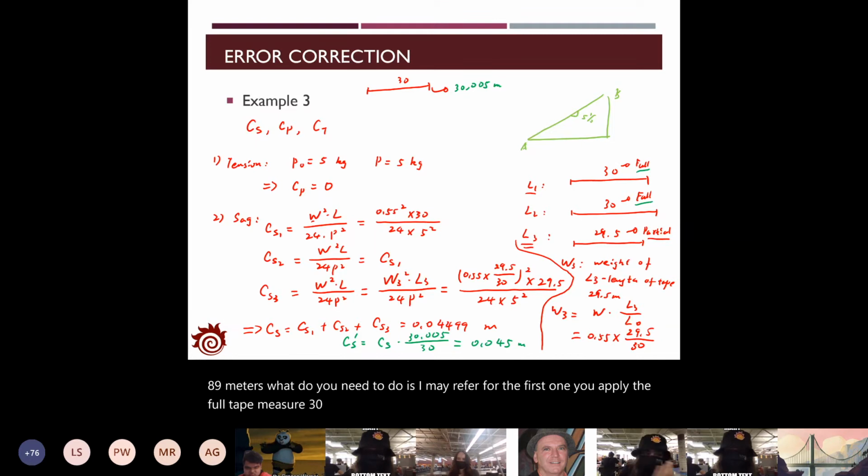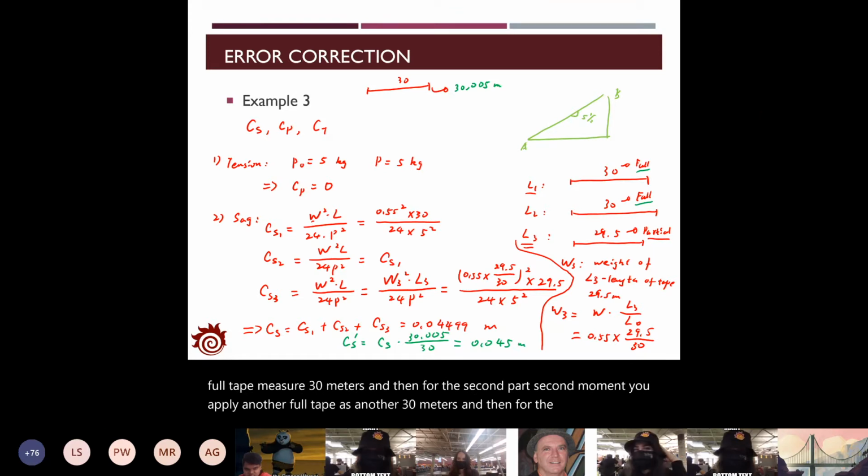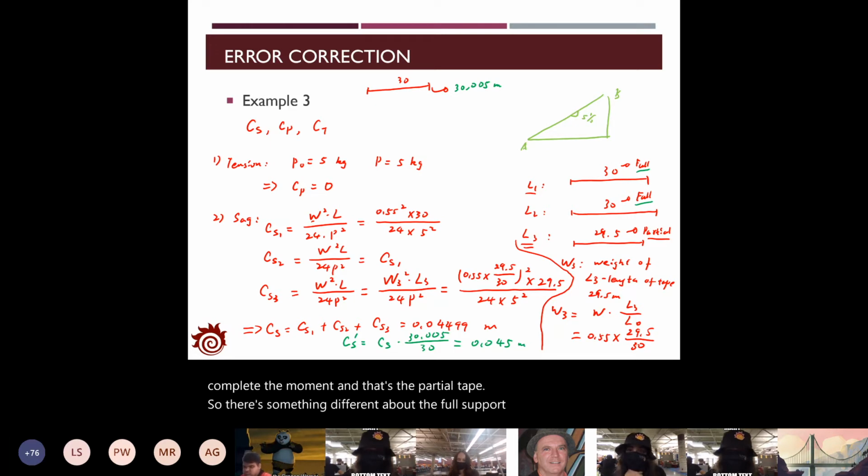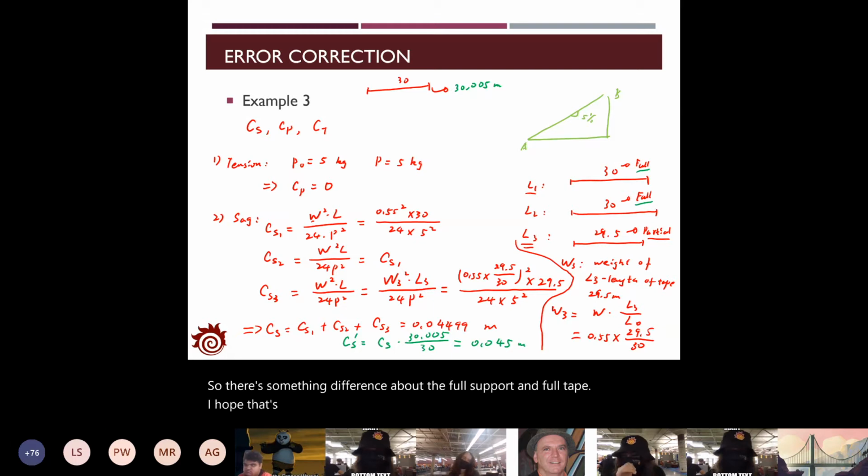And then for the second measurement, you apply another full tape, that's another 30 meters. And then for the rest, there will be a distance smaller than 30 meters, so you just use a part of the tape to complete the measurement. And that's the partial tape. So there's a difference between the full support and the full tape. I hope that's the confusion part that you asked.